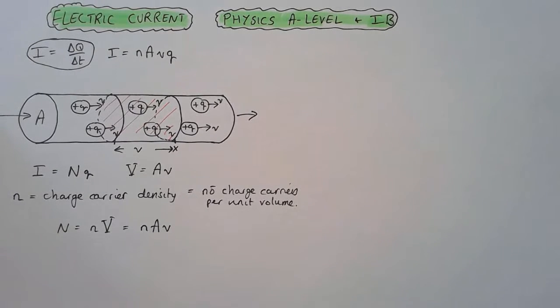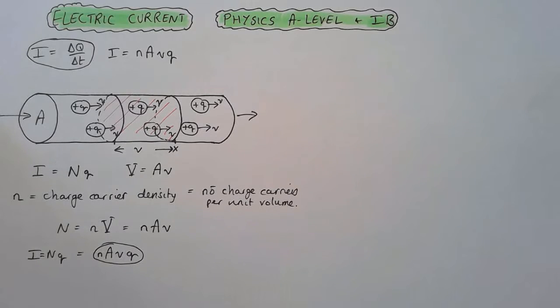So I've got big N is little n A times v, and because my current is NQ, that means it's nAvq. And I've found that expression we were looking for at the beginning, and proved that the current can be expressed as nAvq.